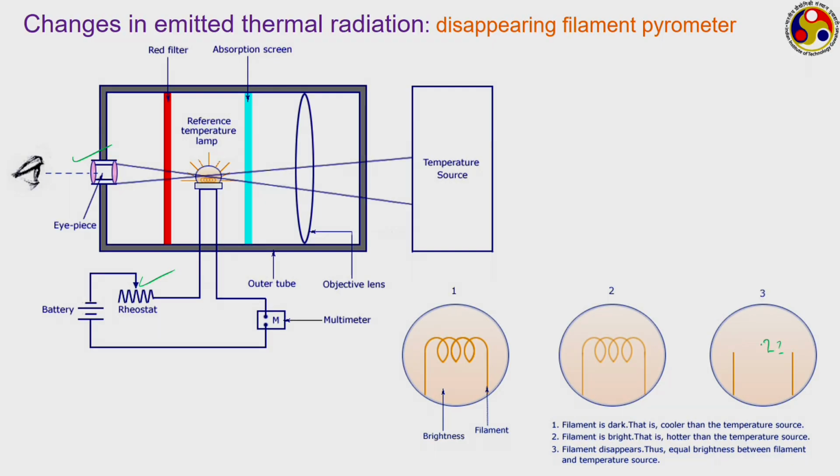So, it must be at a temperature higher than the source, and if both temperatures are exactly equal, then as you can see, where is the filament? The filament has vanished or disappeared. So, the temperature at which this observation is made should be equal to the temperature of the source. This is called a disappearing filament pyrometer or vanishing filament pyrometer.